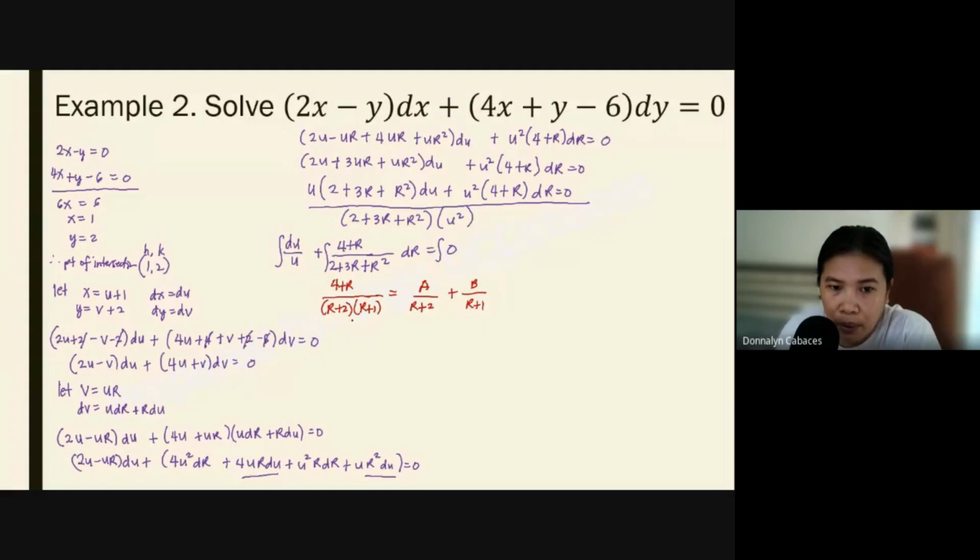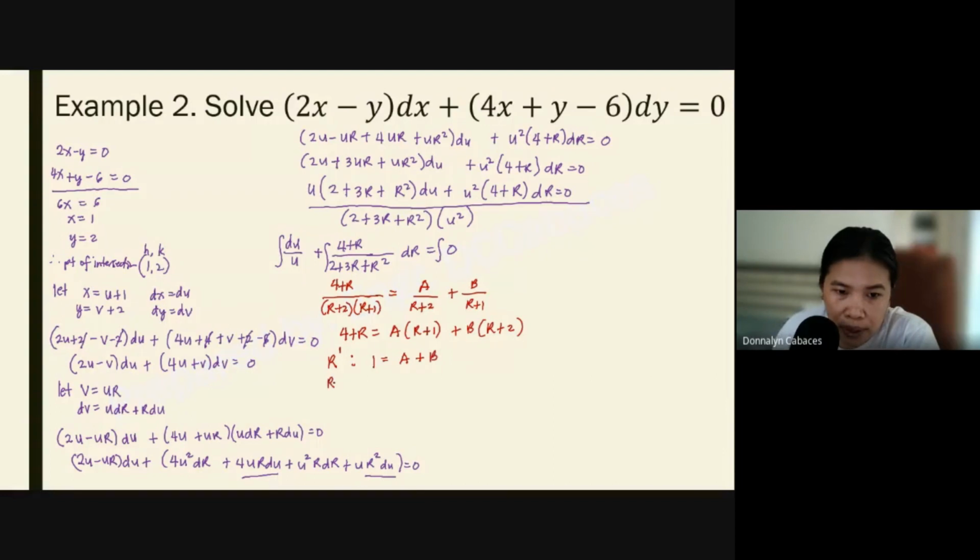So by multiplying both sides by r plus 2 and r plus 1, we have 4 plus r is equal to a times r plus 1 plus b times r plus 2. So equating coefficient of like powers on the left and the right side of the equation, those with the coefficients of r to the 1 or r on the left is 1 is equal to a plus b.